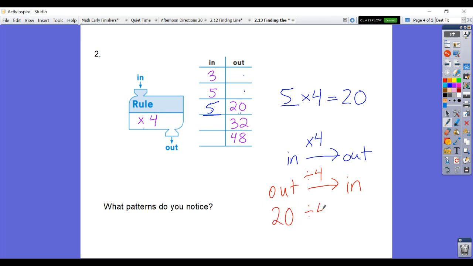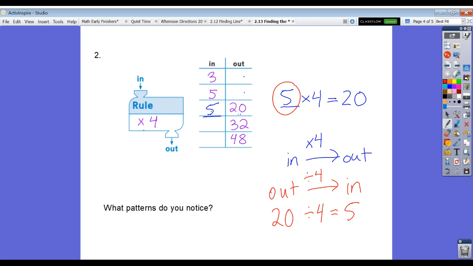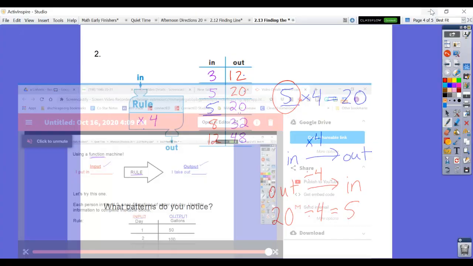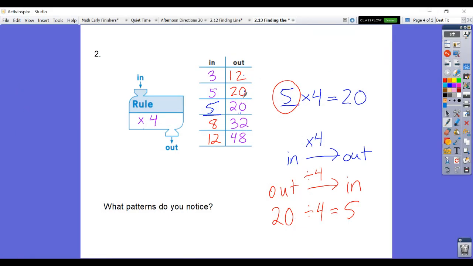I divided by 4, and that brought me back to this 5. Okay, so go ahead now, pause the video, give it a try. Okay, go ahead, check your answers. Did you get 12, 20, 8, and then 12 again, but this time 12 is an input?